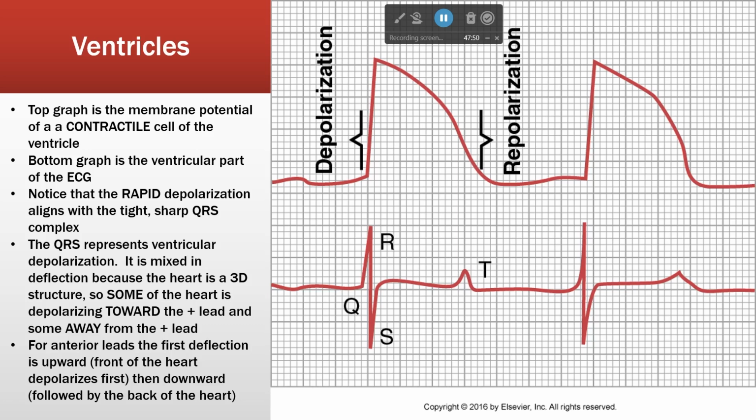Which means in order to see what the heart is doing electrically, we have to look at it from multiple angles. Those are our different leads in an EKG. They're different camera angles on the heart, looking at it electrically. So because of that 3D arrangement, our QRS usually has both an up and a down stroke component to it. And that has to do with the direction that electrical charges are moving through the heart.